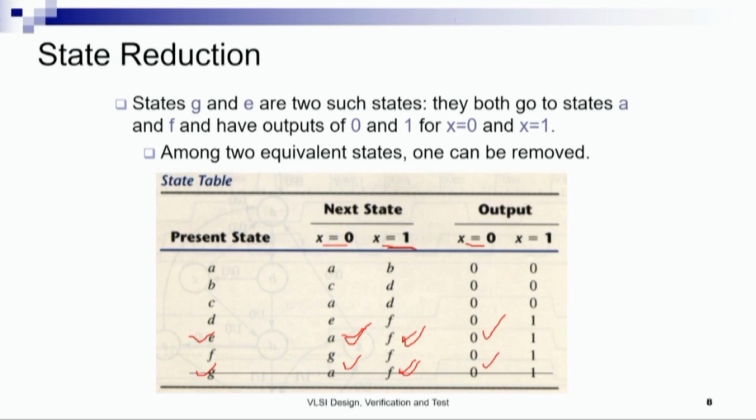And when the input is x equals to 1, they again produce the same output 1. So in terms of both next states and outputs, they are same. And hence, one of these states here, G, we have decided to remove.